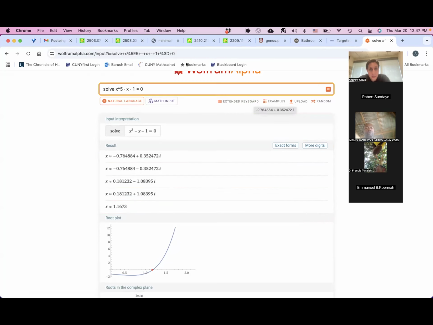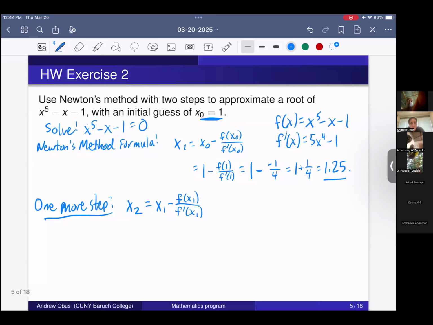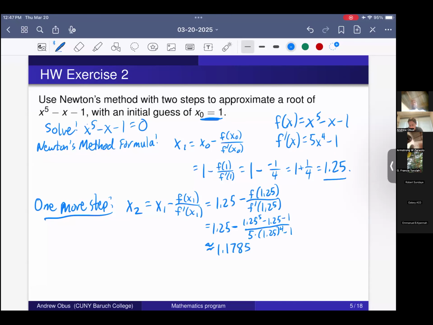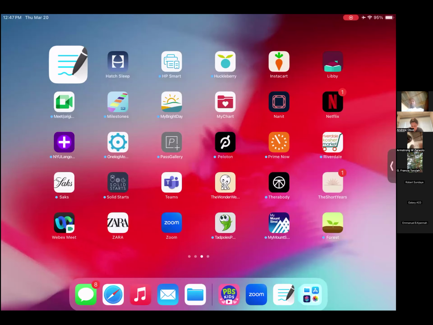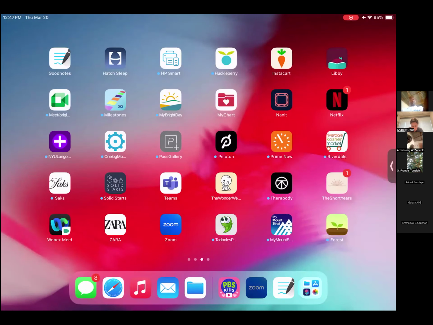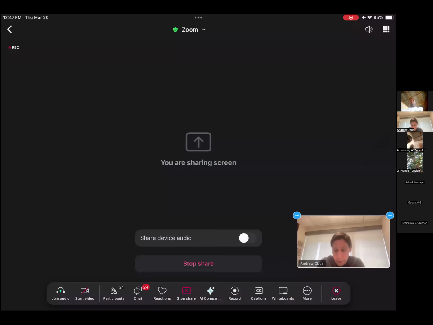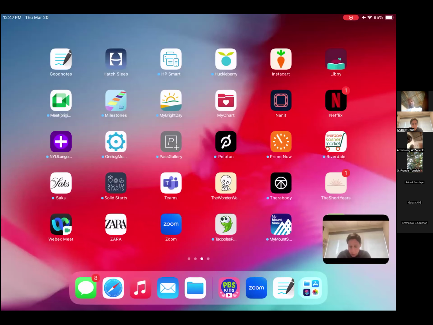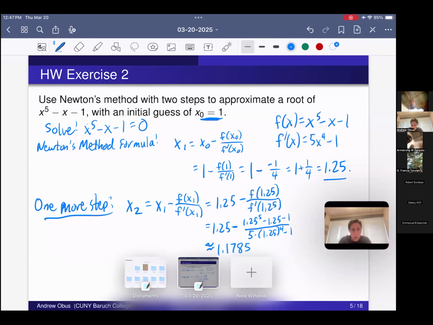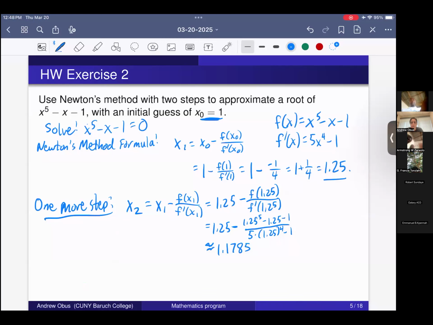Okay, so let me just stop the share here. So 1.1673, let me share my iPad again. Okay, am I sharing the screen? Oh, I'm still sharing the screen. Okay, great. That work? Yes, great. Okay. Wolfram Alpha, it's just the internet.